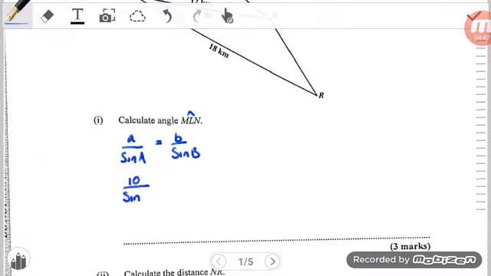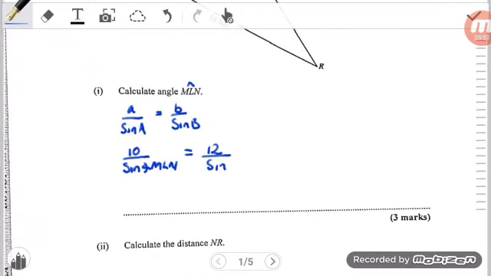So that's the sine of angle MLN, and that's going to be equal to 12 over the sine of the angle facing 12, which is 88. I hope you guys have your calculators out with me. That's 10 divided by the sine of angle MLN, equal to 12 divided by sine of 88.